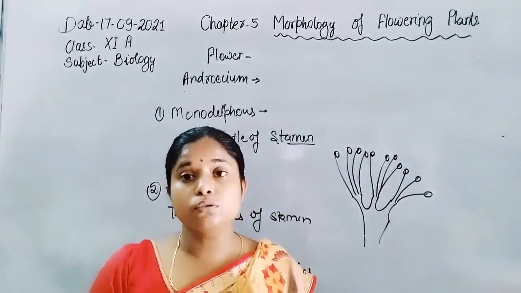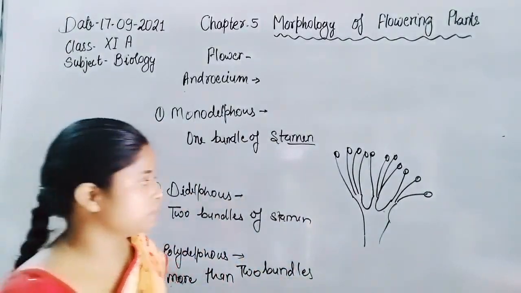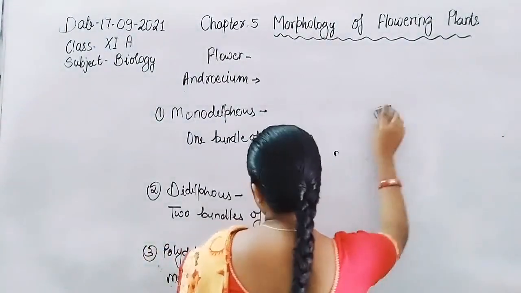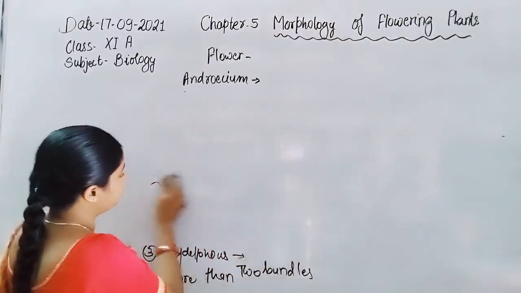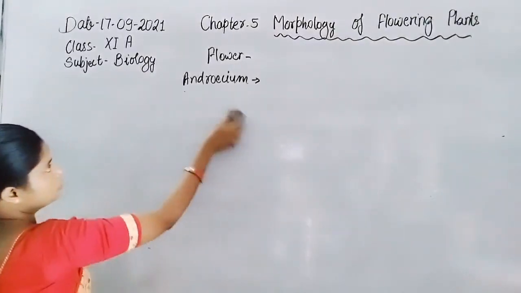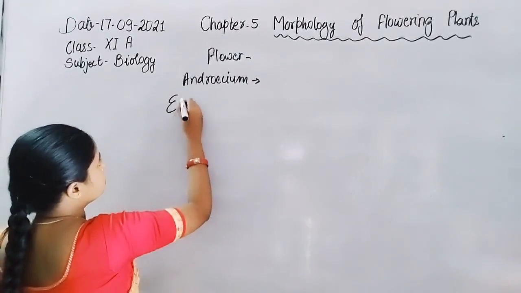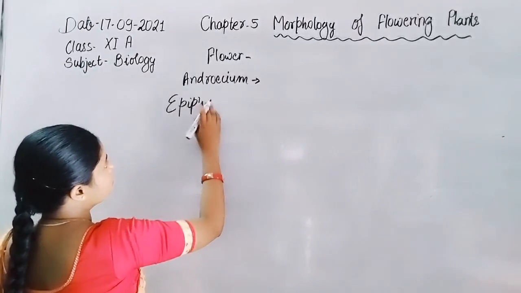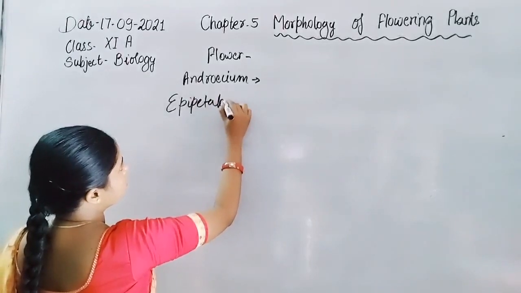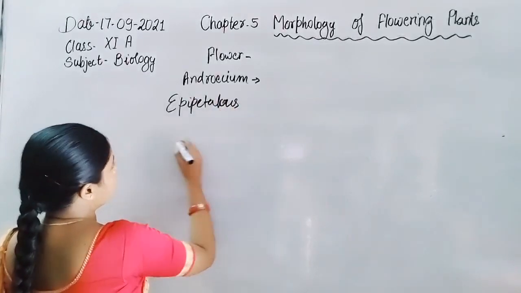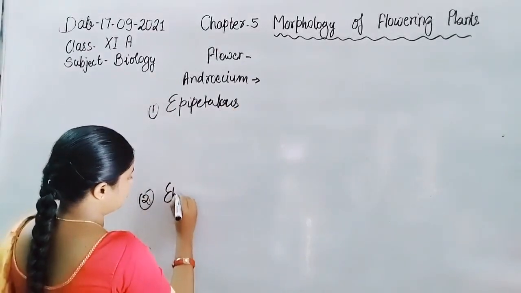The first is epipetalous and the second one is epiphyllous type of androecium.